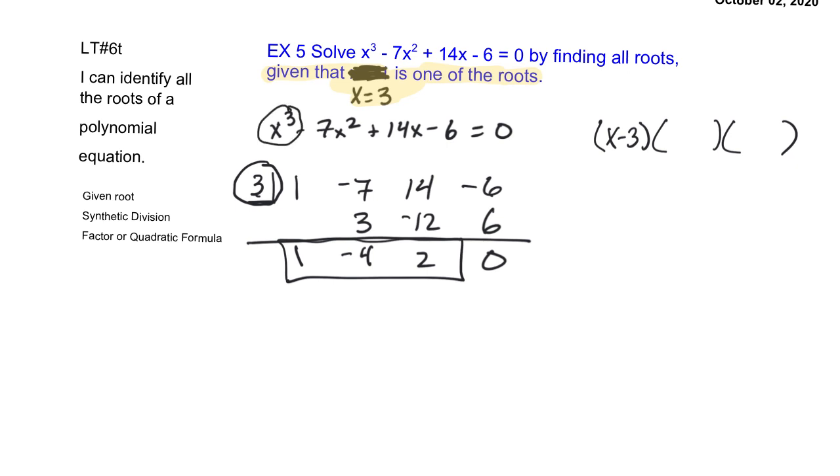If you start with a cubic, you now have a squared polynomial left. And I'm going to set that equal to 0 and try to factor it to get my 2 other factors. I already know that x equals 3 is one of my answers. Now, unfortunately, or fortunately, this does not factor.